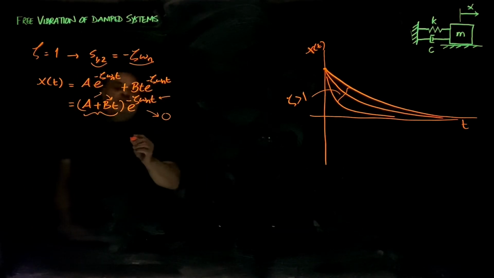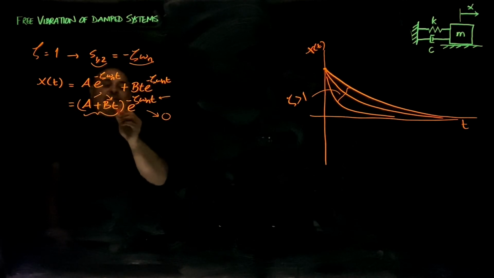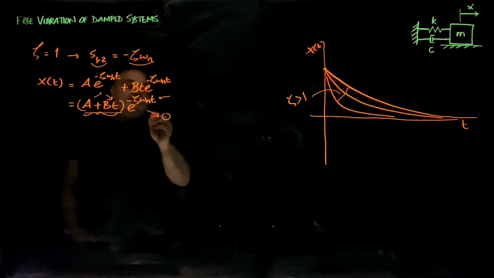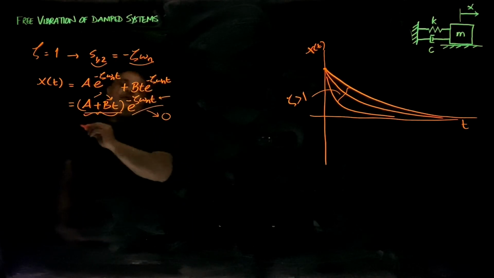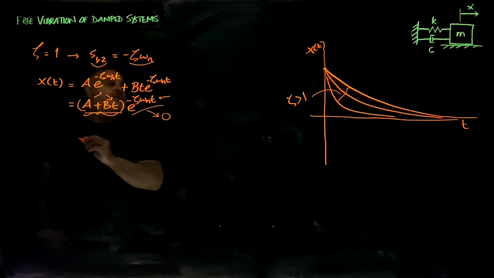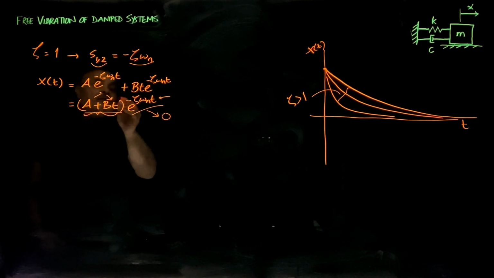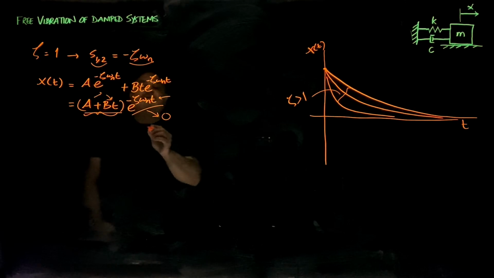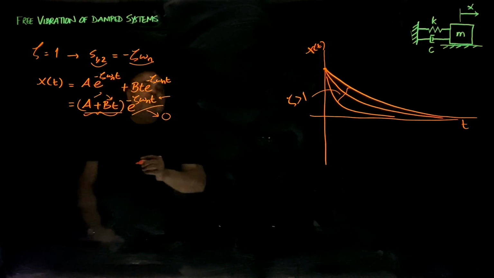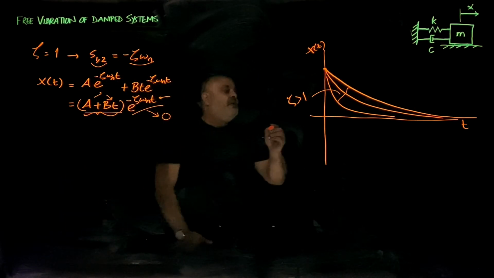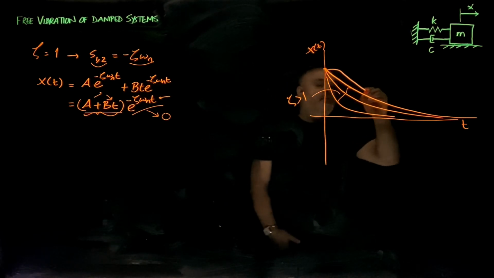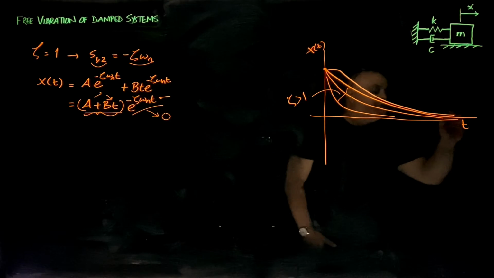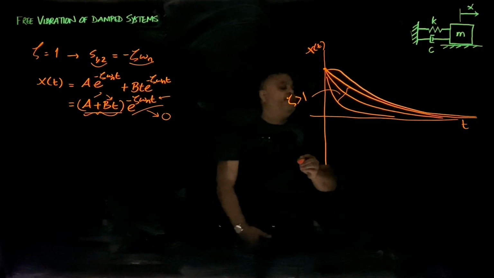But since this approaches infinity linearly, it is a linear function, and this approaches 0 exponentially, which is much faster than the linear function, the multiplication will end up going to 0, and the response will also approach 0.